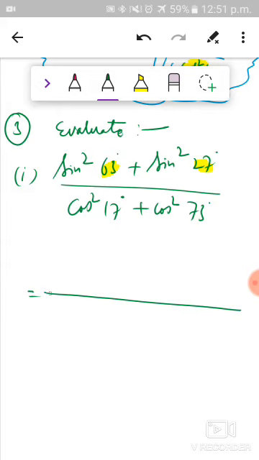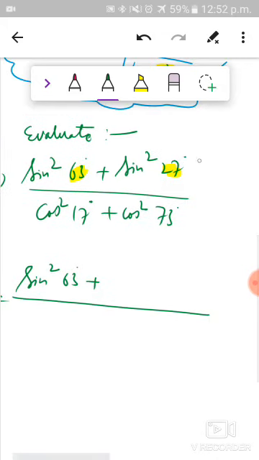Sine square 63 degree as it is, plus sine square 27 degree. Here we can take sine theta, where theta is 27. Sine theta is cos of 90 minus theta. So we can write cos of 90 minus 27 degree, and the square will remain the same.